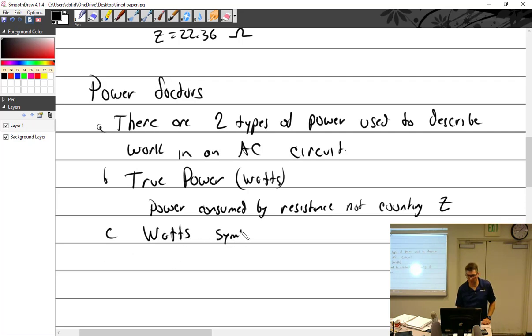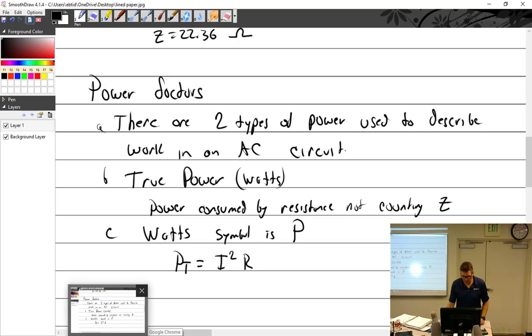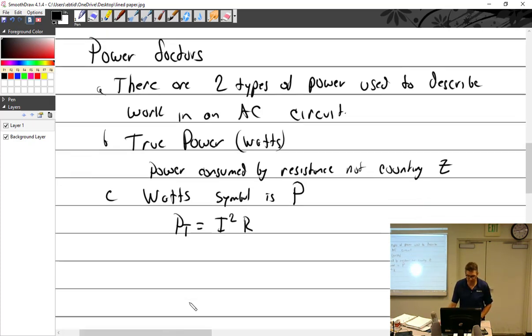Symbol is, right, P. Very good. Okay, P is a function of the circuit's dissipative elements, resistance. Power total equals I squared R. And we're going to use that formula this time. So I'd write that down. Power total equals I squared R.